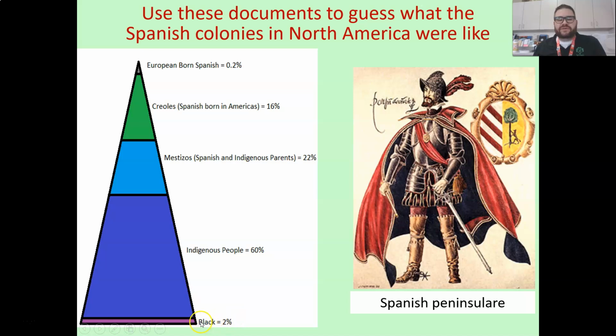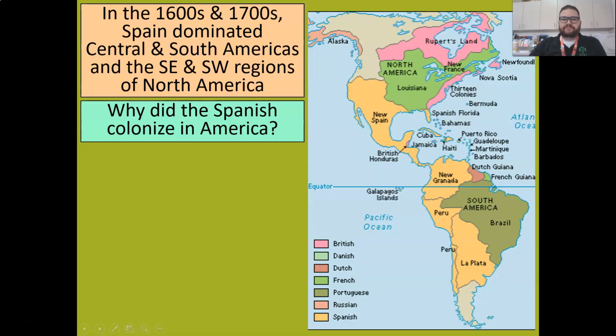We also do start to see, especially after the slave trade system begins, a population of black individuals living within the Spanish colonies. So in the 1600s and the 1700s, Spain dominated Central and South Americas and the southeast and southwest regions of North America.